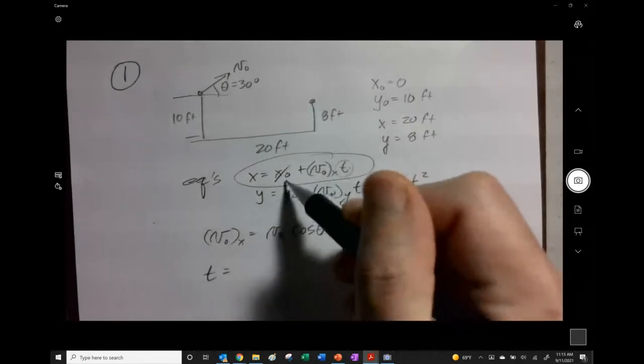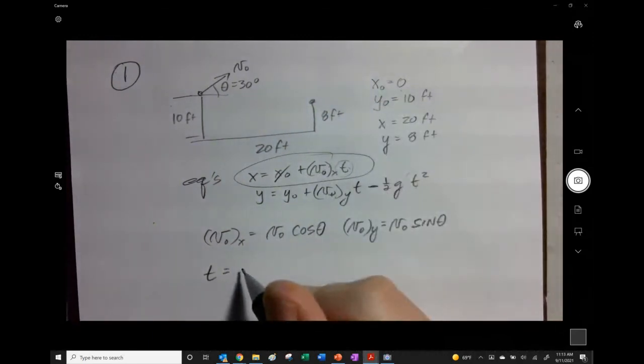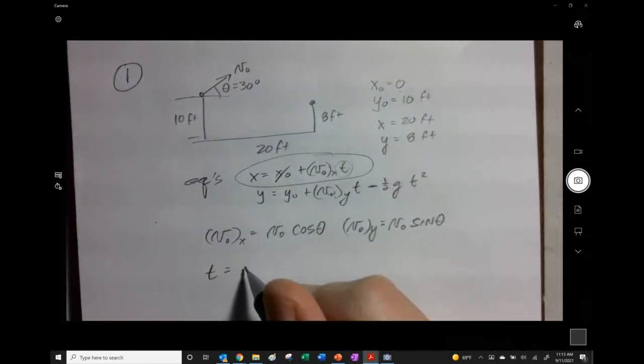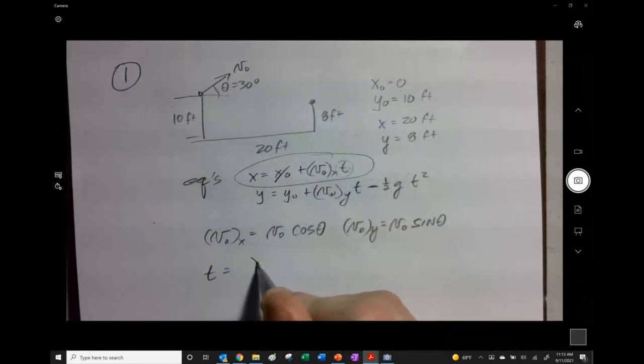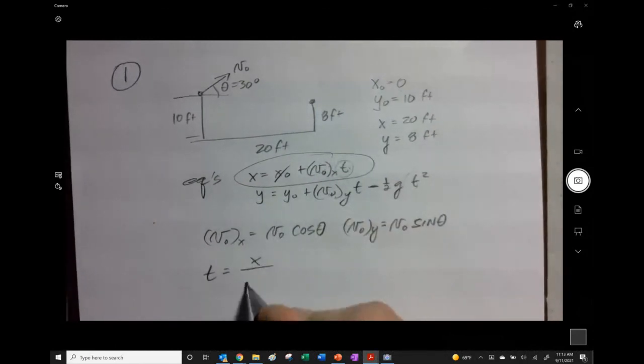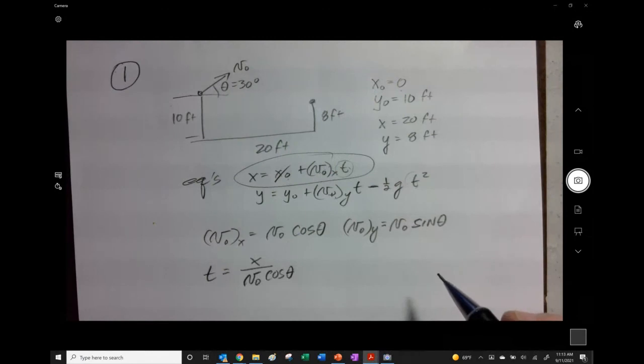I'm going to get rid of that X0 because we know we're going to start at 0. So we could just say that time is going to be X divided by V0 cosine of theta.